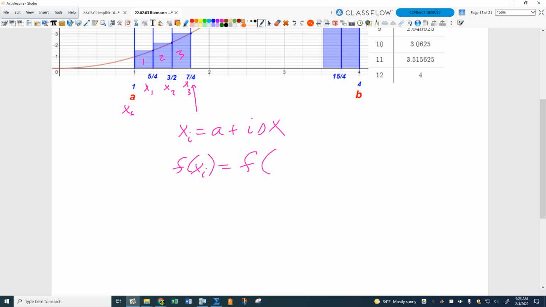It's f of whatever this gives me for my particular case. In this case, a is 1 and delta x is 1/4. So I'm just getting f of 1 plus 3 times 1/4. 1 plus 3/4, that's 7/4, right?